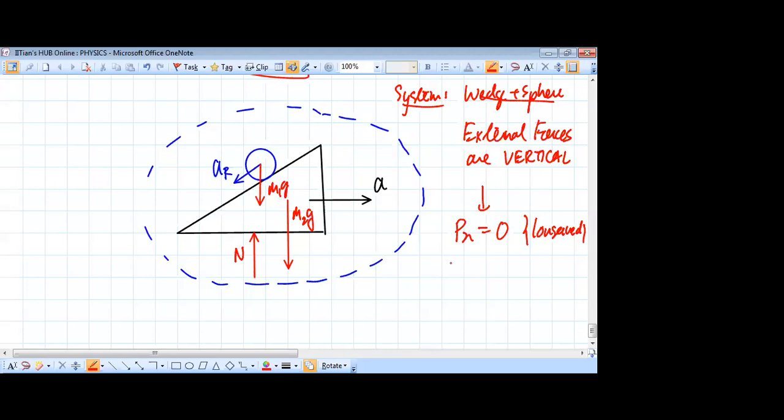Initially it was 0. So the x component of acceleration of the system's center of mass should be 0 for the system.